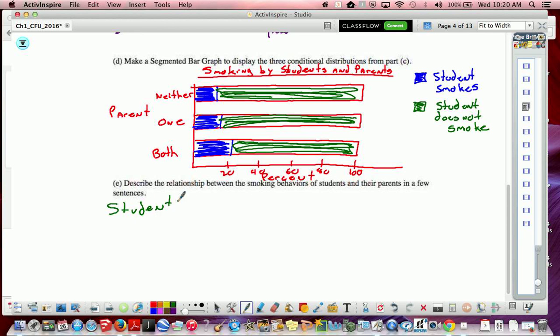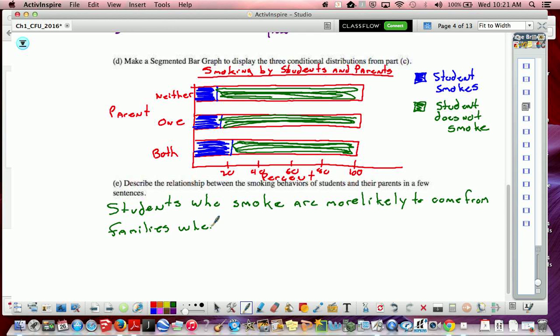Students who smoke are more likely to come from families where one or both of their parents smoke.